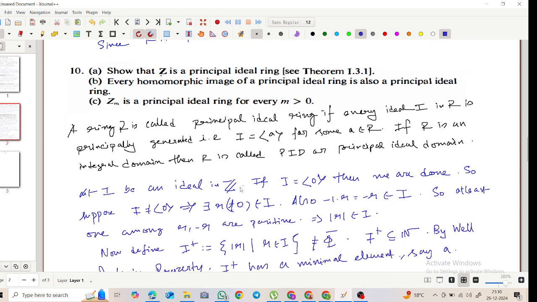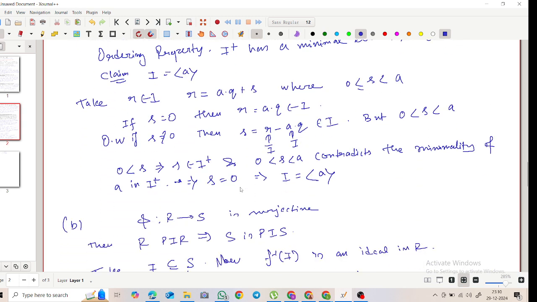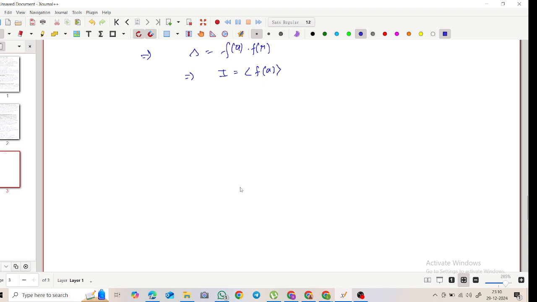Zm is a principal ideal ring for. So what is Zm? So Zm is what we call Z mod mZ, right? Which is the set of these classes modulo m, right?